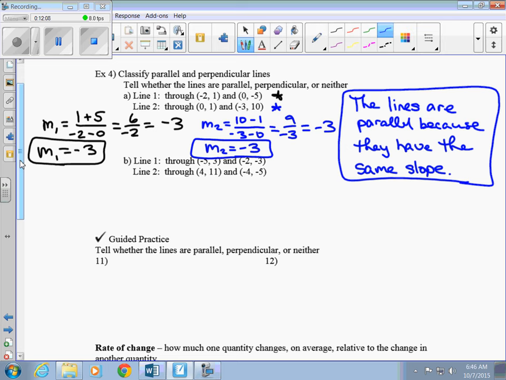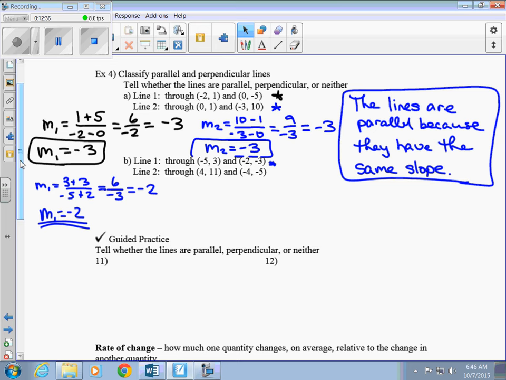So I'm going to take, so you can read these here. This one is the first one, so slope of line 1, 3 plus 3, -5 plus 2. So this one has a slope of -2.